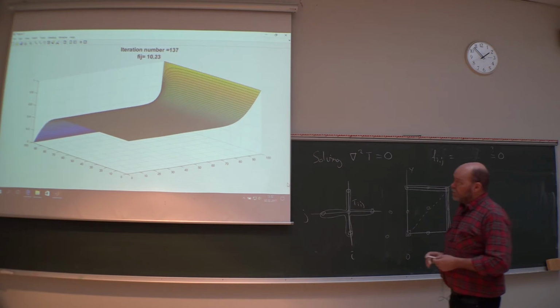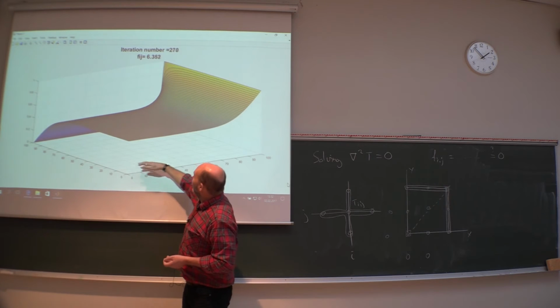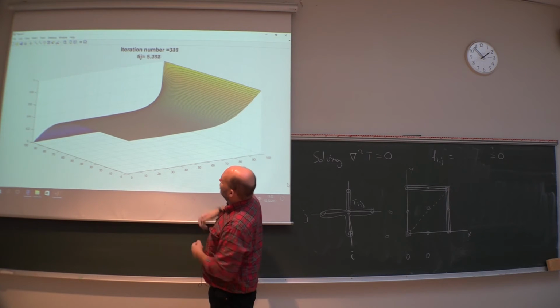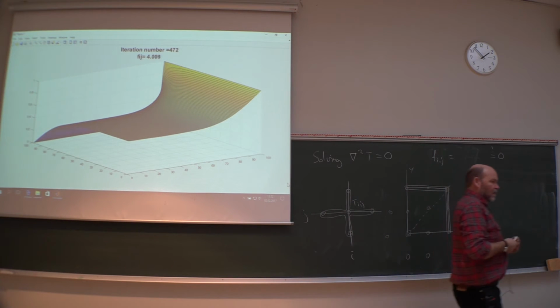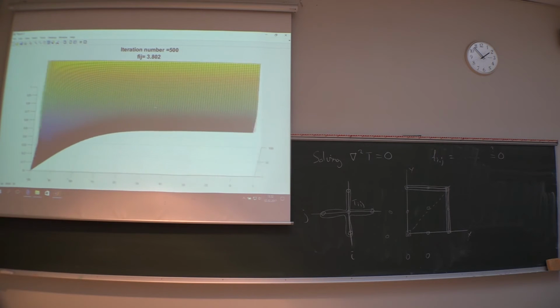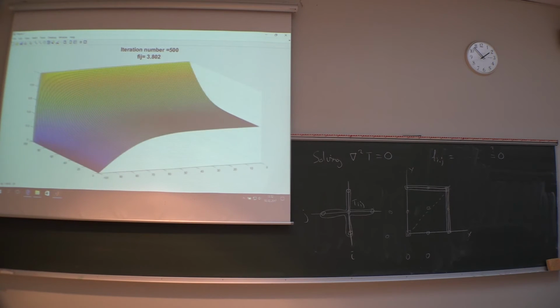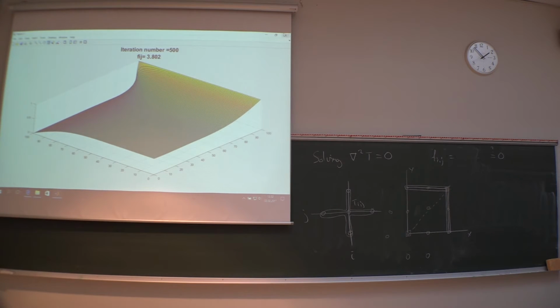Still, it takes forever. This point is now fairly okay, but to get the entire solution correct, it's very slow, and not much change from one step to the next. So it's getting there, much smarter than just starting with 0, but still no, not good.